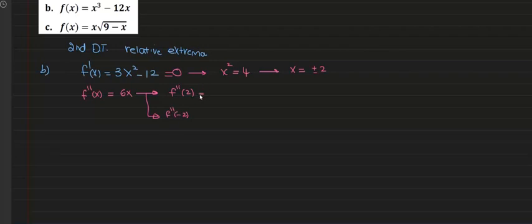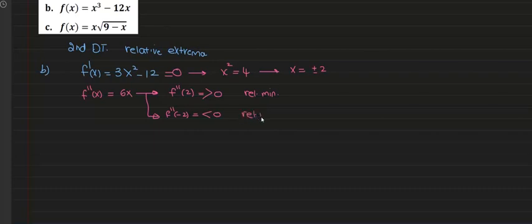The second derivative at 2 is going to be 6 times 2, which is positive. And if it's positive, it means that the concavity is upward and we have a relative minimum point, right? And the second derivative at negative 2 is going to be negative 12, which is a negative number, and hence the concavity is what?